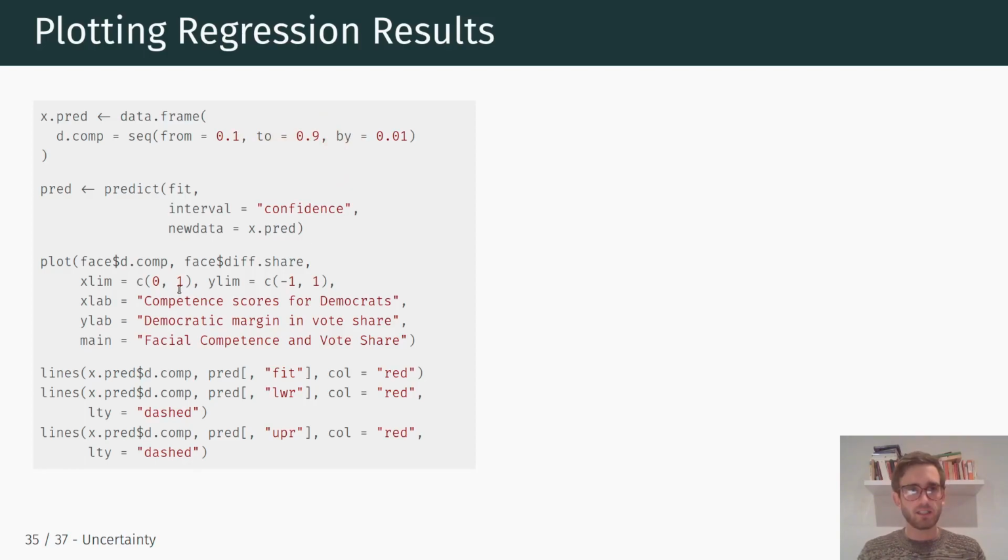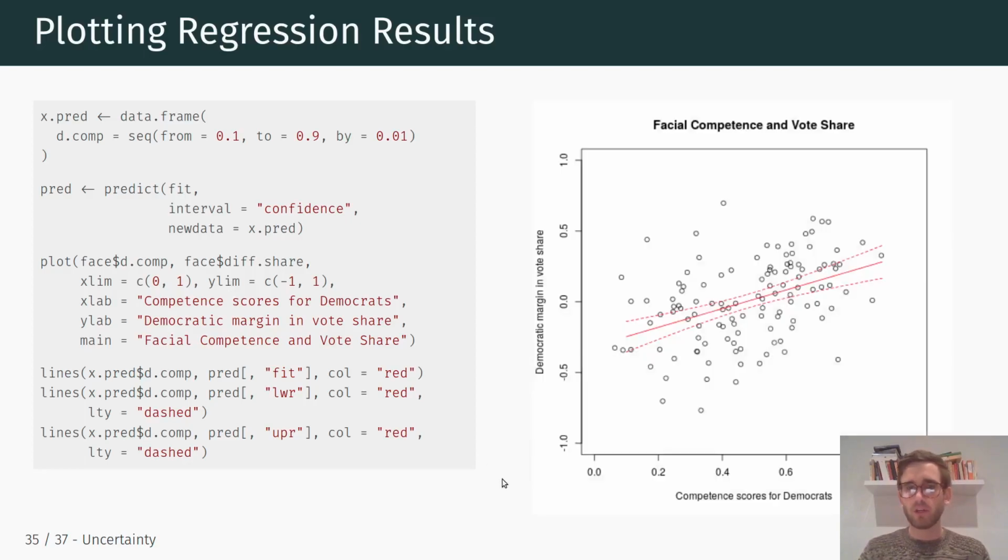If we add this to our scatter plot, we now not only have our linear fit for this bivariate relationship between competence scores and the democratic vote margin, but in addition we have a lower and upper bound for the 95% confidence interval around the expected value conditional on the competence score ranging from 0.1 to 0.9.